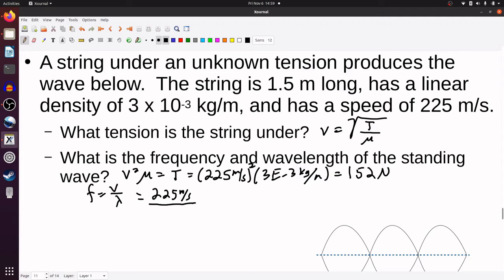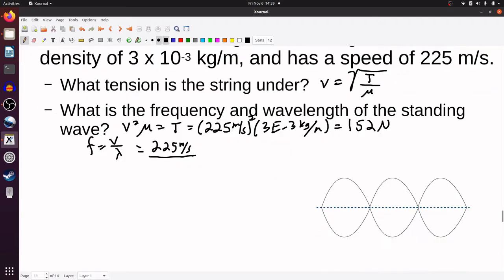Now, lambda is going to take me some thought experiment. Let's call it that. I know that it says this entire wave is 1.5, right? So from here to here is 1.5 meters.